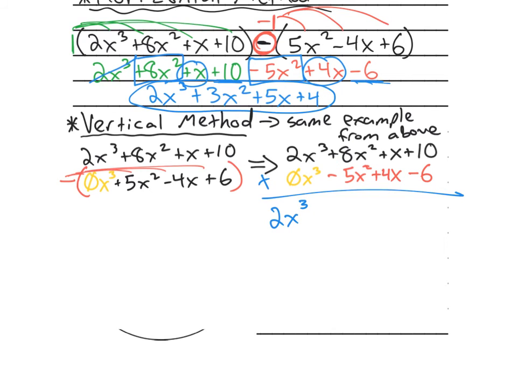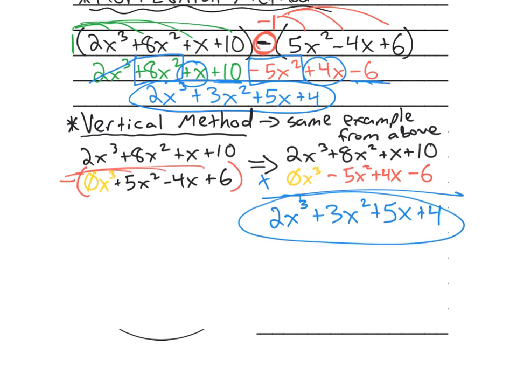Positive 8x squared plus negative 5x squared, positive 3x squared. We have x plus 4x to make 5x. And 10 plus negative 6 is 4. You can see we got the same answer we did versus the other method. So you could choose whatever method makes more sense to you for that problem.